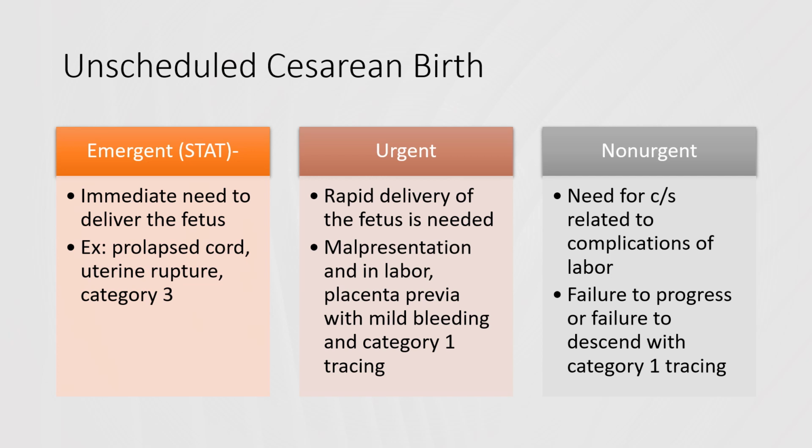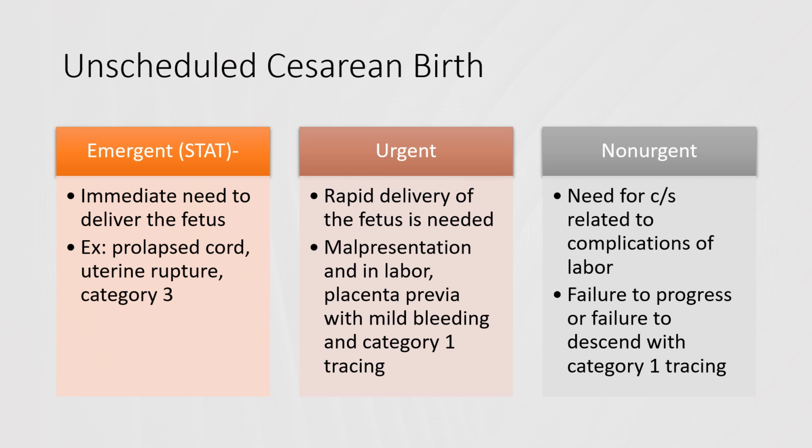So let's start with our emergency. This is an emergency, a stat C-section. There is an immediate need to deliver the fetus. For example, if we have a prolapsed cord, the uterus ruptures, a category 3 tracing, those are all reasons to do an emergent C-section.